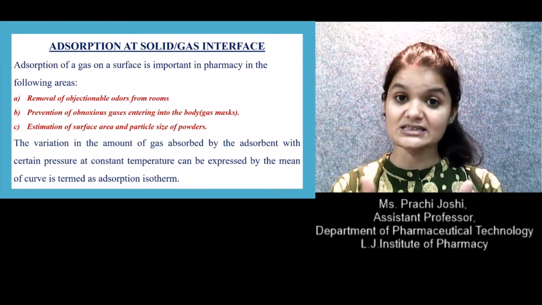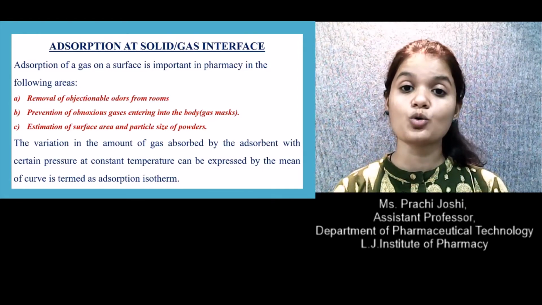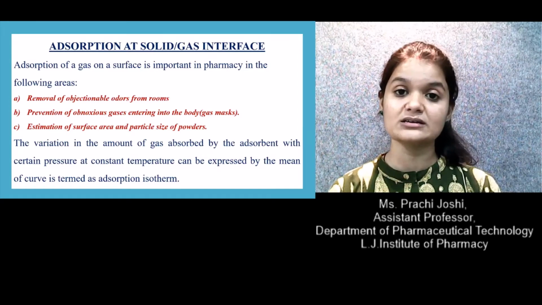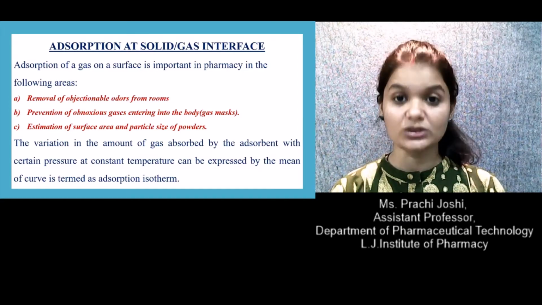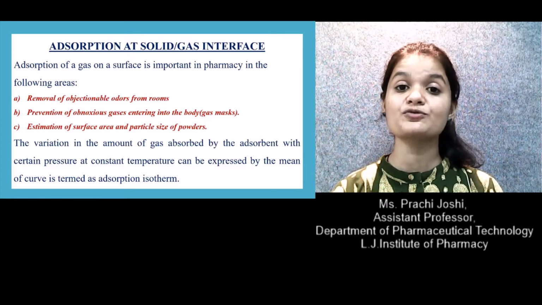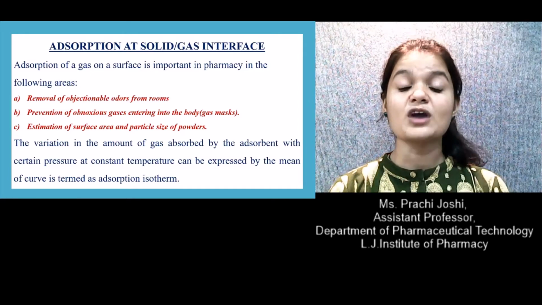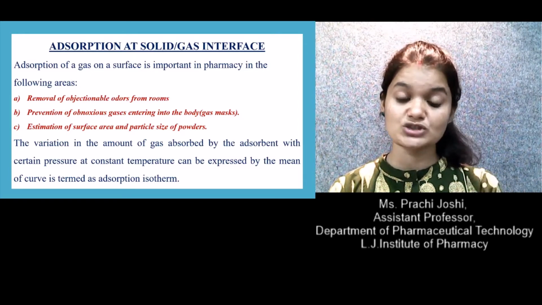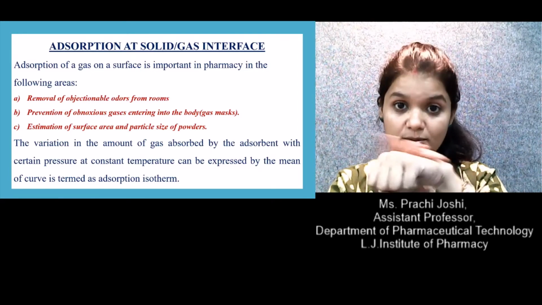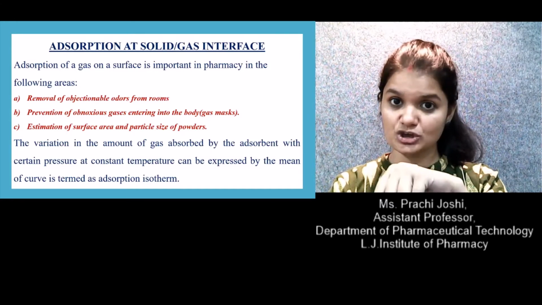Now, this is best explained by two well-known scientists, through the Langmuir and Freundlich isotherms. To understand this phenomenon of adsorption, we first need to understand Freundlich. What he tells is the variation in the amount of gas adsorbed by the adsorbent with pressure at a constant temperature.